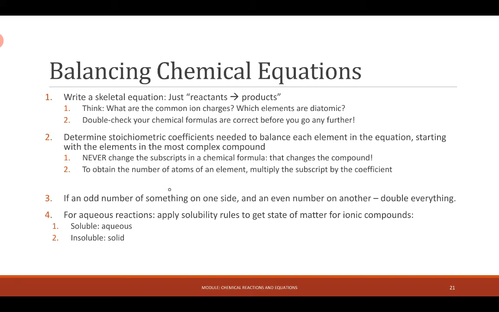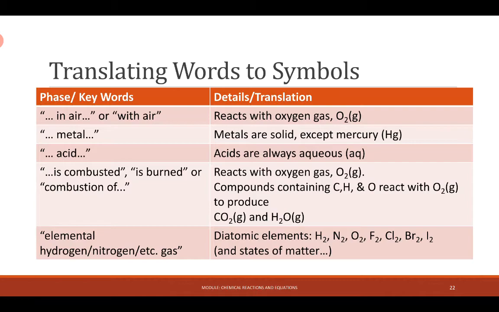If you end up with an odd number of something on one side and an even number on another, then you might be best off just doubling everything so that you have even numbers everywhere. We always report our coefficients as the lowest whole number ratio. So if all of your coefficients end up even, then you're going to need to divide by 2 to simplify. And then you've got to add your phase symbols on there.